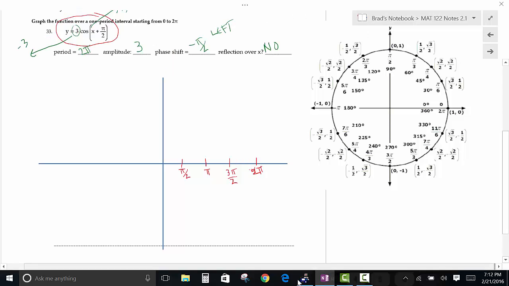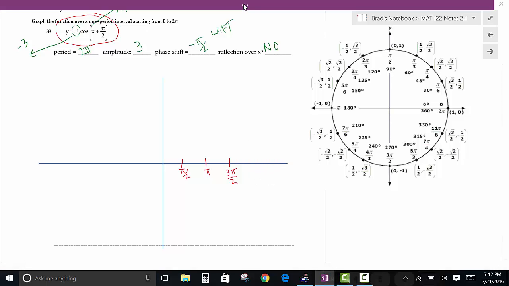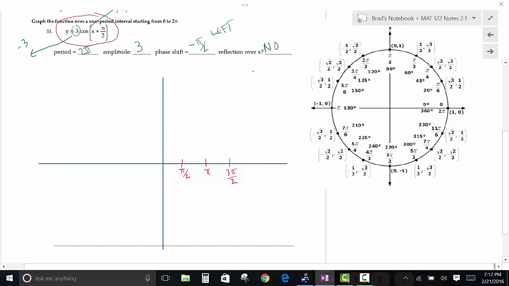And then you want to go ahead and do the negative values on the x-axis as well. So we do these backwards. That's negative pi over 2, this is negative pi, negative 3 pi over 2, and negative 2 pi like that. Okay.